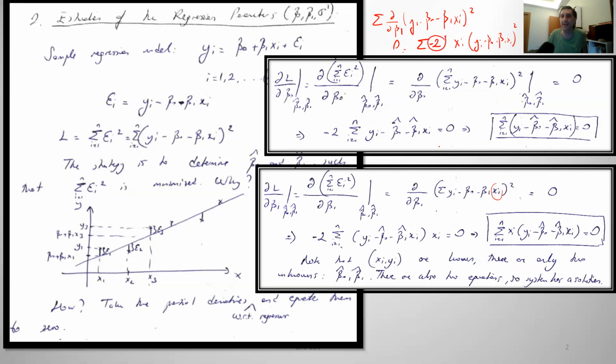It doesn't have any effect. So the sum of xi times yi is going to be equal to beta 0 times the summation of xi plus beta 1, again in summation, xi squared.